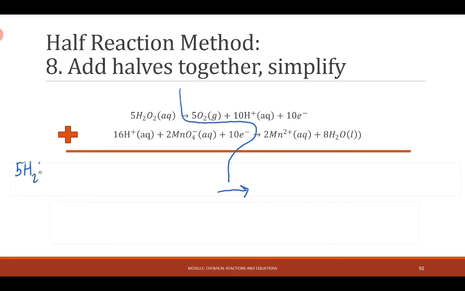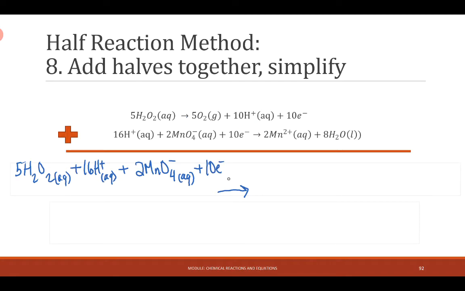So 5H2O2 aqueous plus 16H plus aqueous and 2 MnO4 minus aqueous and 10 electrons. Then my arrow is down too low.